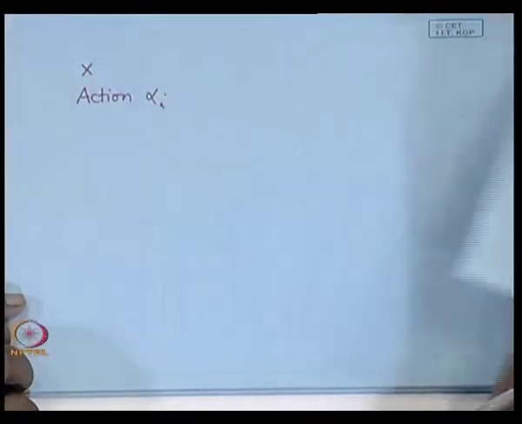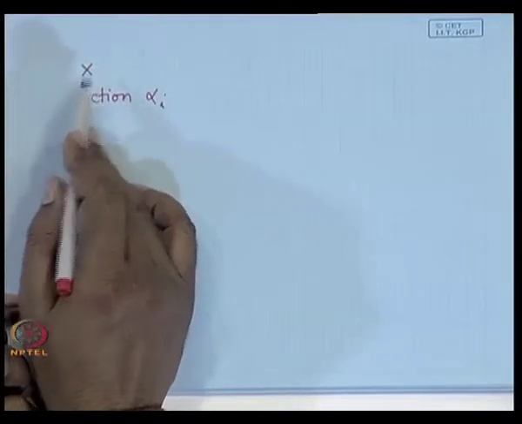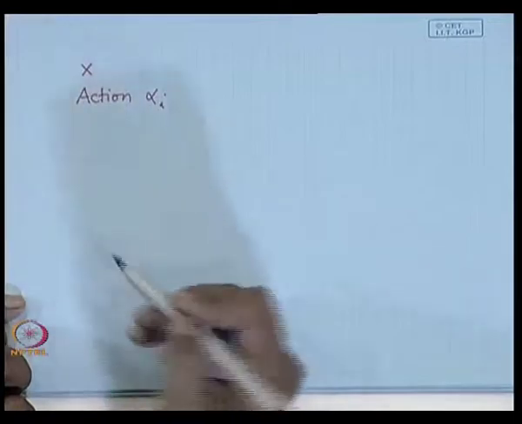So, here for this feature vector x, from this observation x we have taken an action alpha i, but we do not know what is the true state of nature. It may be omega 1, it may be omega 2, it may be omega 3 and so on. The true state of nature may be anything. So, for each of these I will incur a loss.